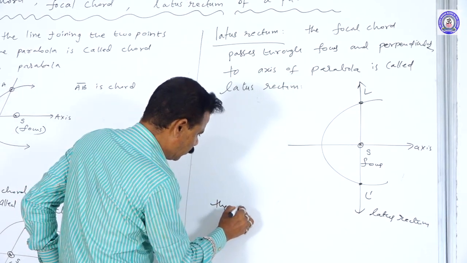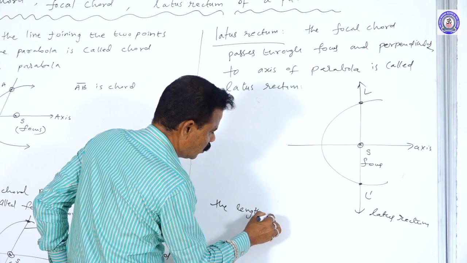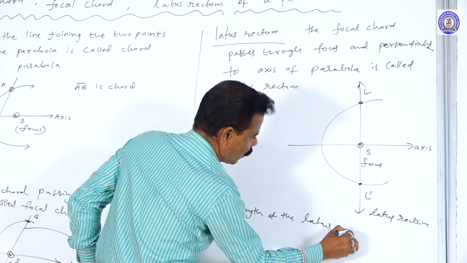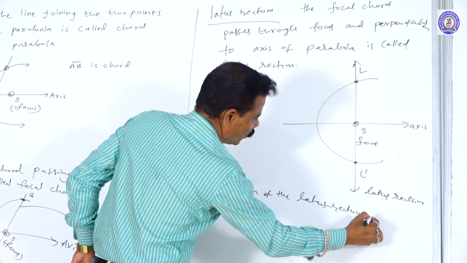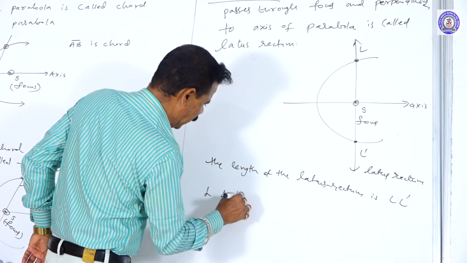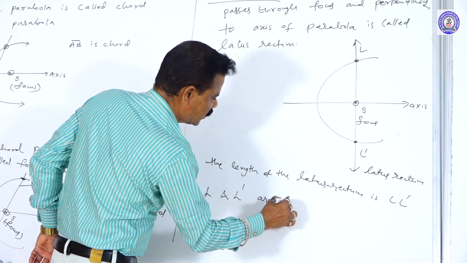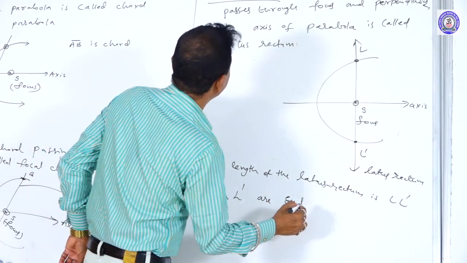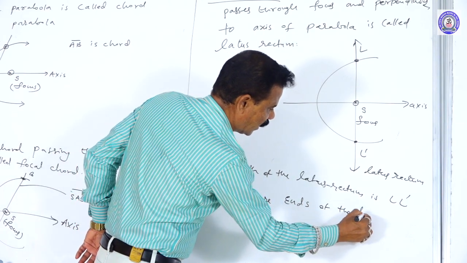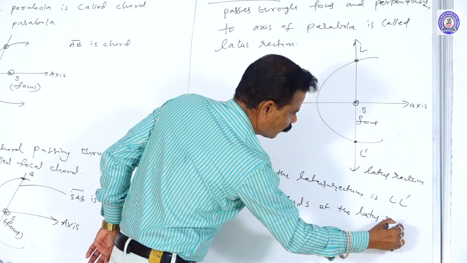The length of the latus rectum is LL dash. Here L and L dash are the ends of the latus rectum.